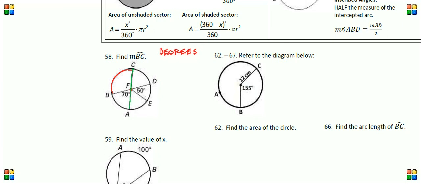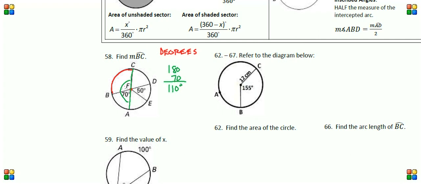Remember, class, a diameter cuts a circle exactly in half. That means that the total degrees of this side of the circle is 180 degrees. And since the measure of this central angle, BFA, is 70, that means we can take 180 degrees and subtract out 70 degrees, and we're left with 110 degrees.